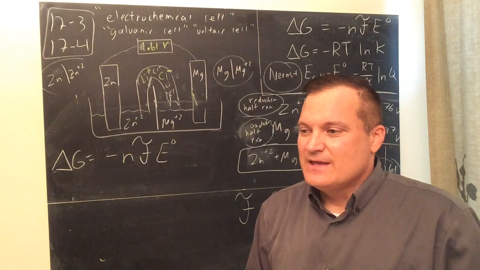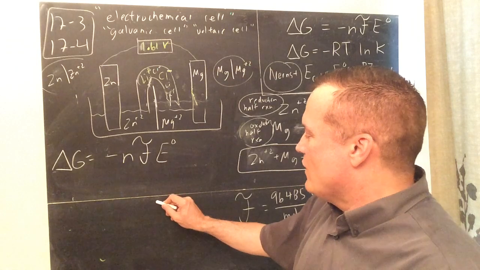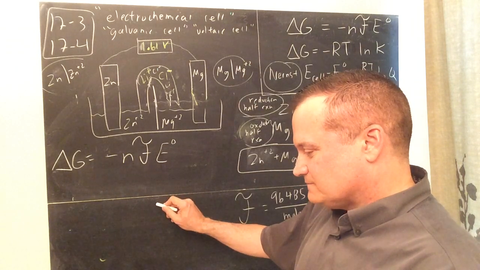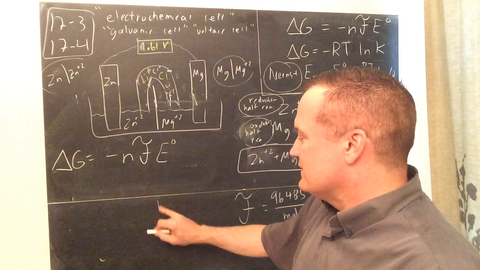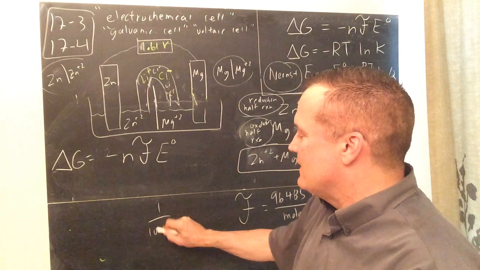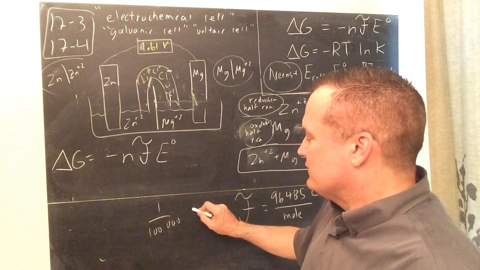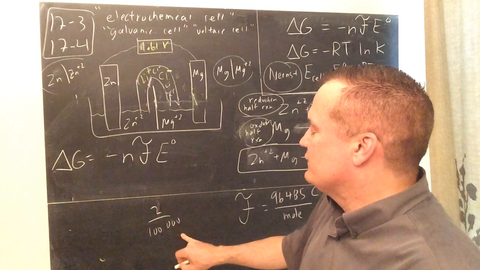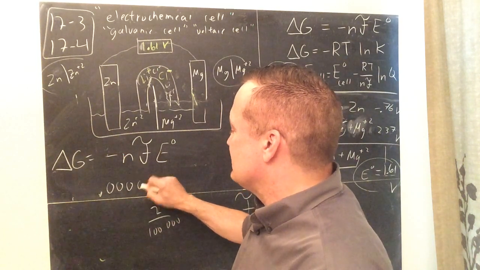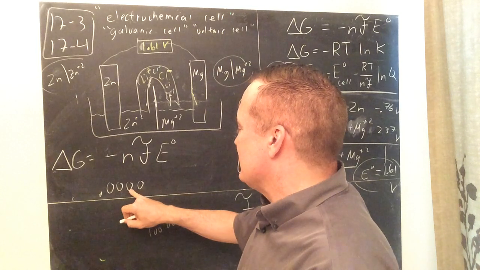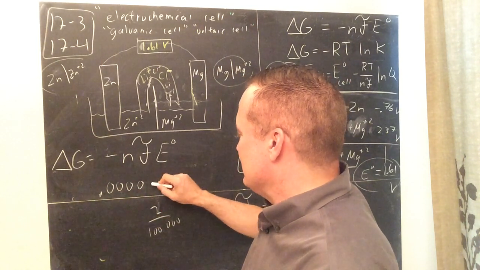What you're getting is, I think I looked this up somewhere, it's like 1/50,000th or 1/100,000th of a coulomb. No, it's 2/100,000.